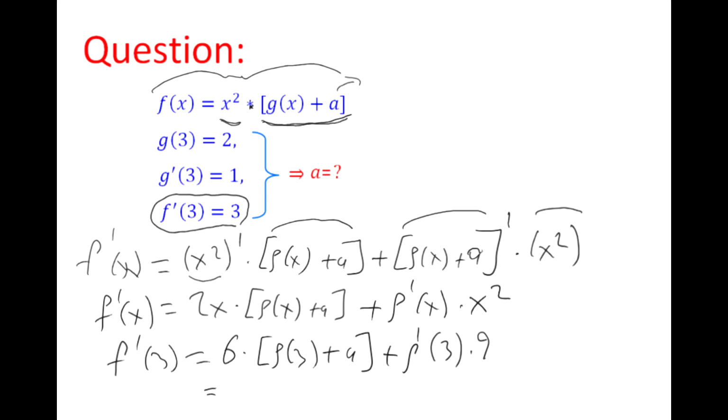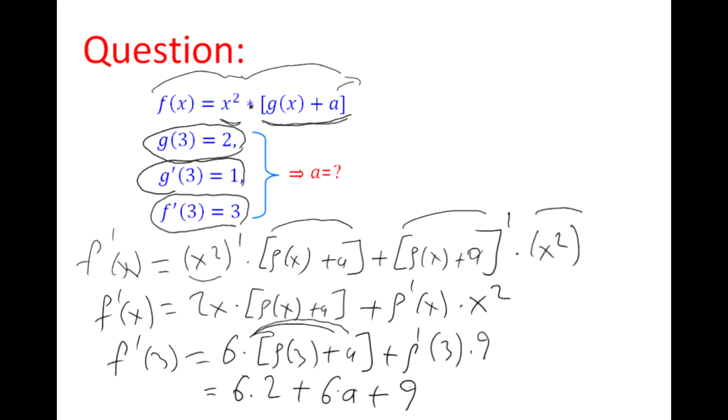But let's keep going. Here we have 6, and we can distribute this 6 into the parentheses, so we're going to have 6 times g of 3. g of 3 is given as 2, so I'm going to put 2 here, plus 6 times a, which is 6a, where a is unknown right now, plus g prime of 3, which is also given as 1, so 1 times 9, which is 9.